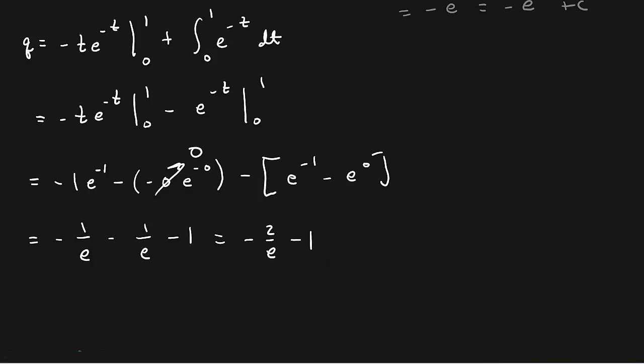Let me check with my calculator, because I'll hear about it in the comments. Well, I'm glad I checked. Look what I did. Minus, this is 1 right here, minus and minus. That should be plus, I put a minus.